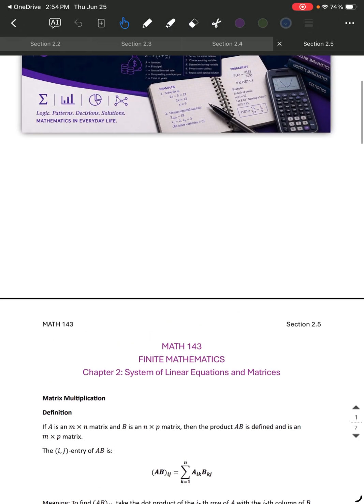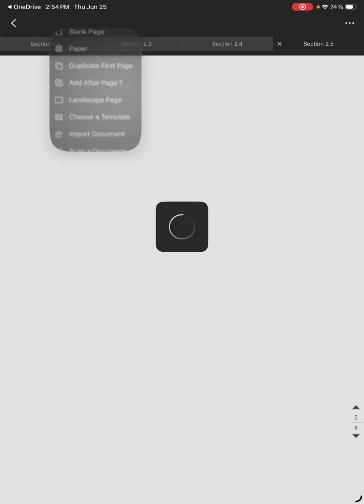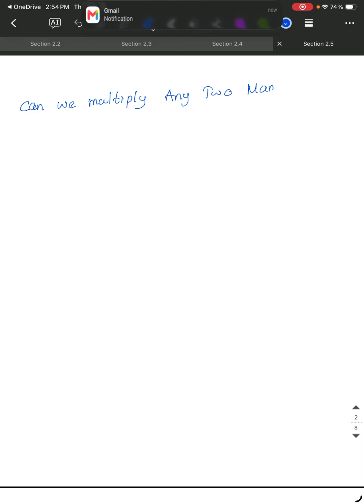Can we multiply any two matrices? Think about it.